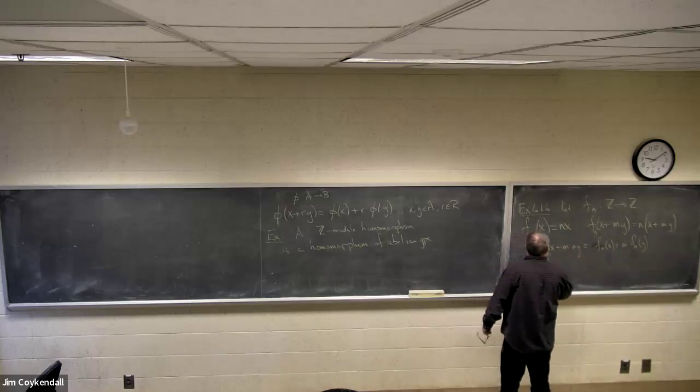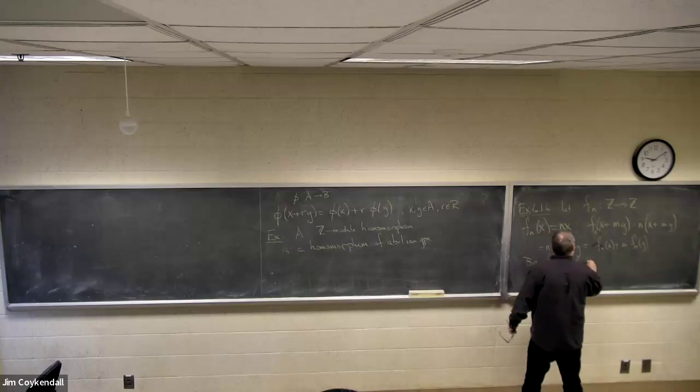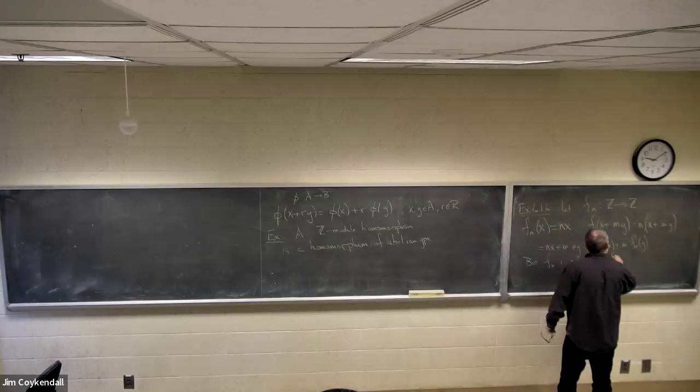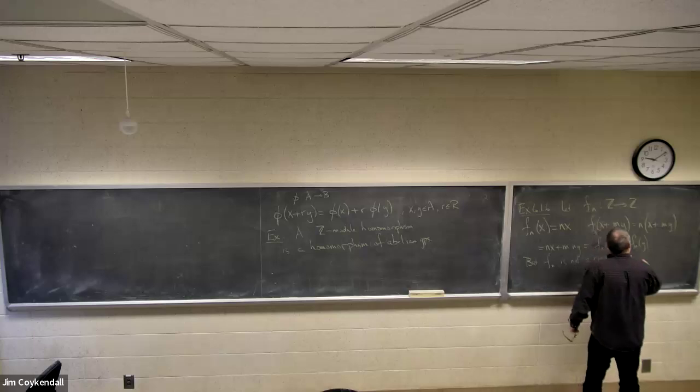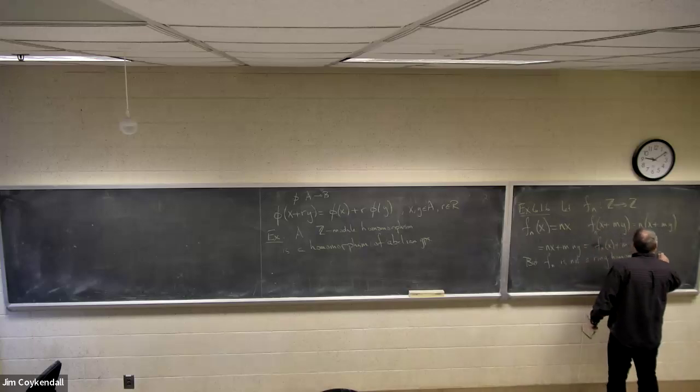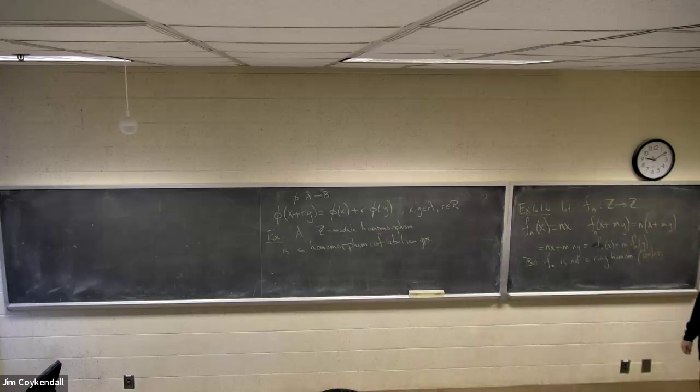But f_n is not a ring homomorphism unless, what condition on n makes this like a ring homomorphism? One, right, and then it's the identity.